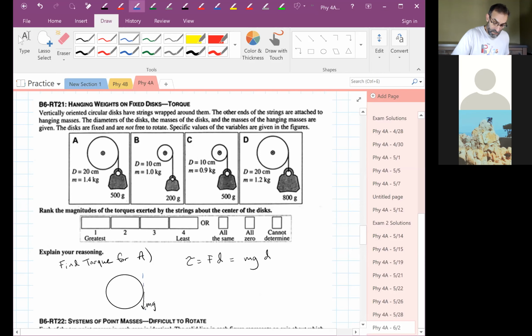If we extend the line of force, what's the lever arm? The radius, right? So in this case, what do we get? The force is m times g. M is half a kilogram, right?